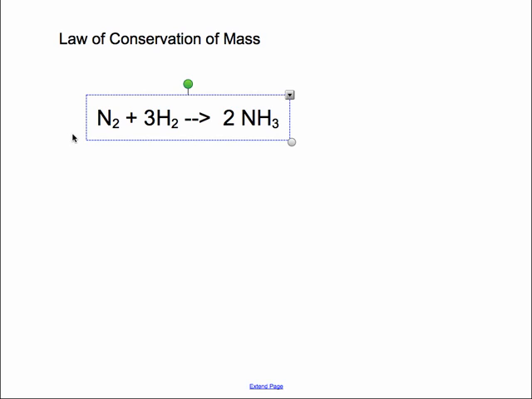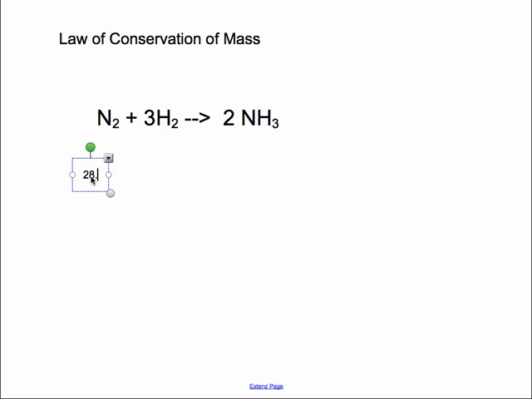So what I specifically mean, and we'll use this reaction as an example, if I take the molar mass of N2 and add it to 3 times the molar mass of H2, that should equal 2 times the molar mass of NH3. And so we can use what we know about the math in order to try this out. So let's go ahead and give this a shot here. So we know that the molar mass of N2 is equal to 28.02 grams, right?